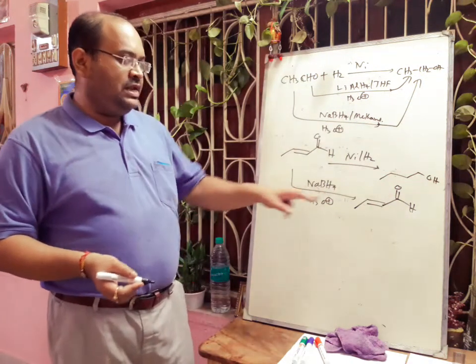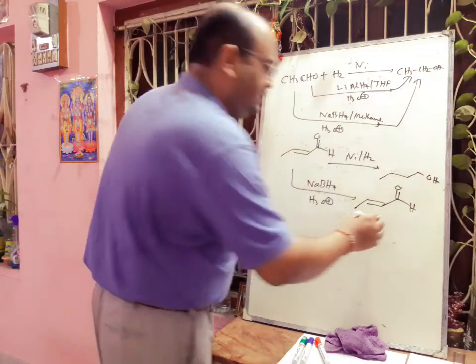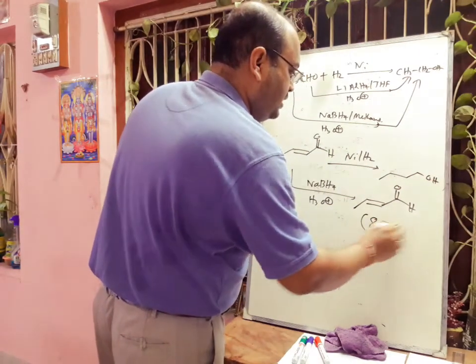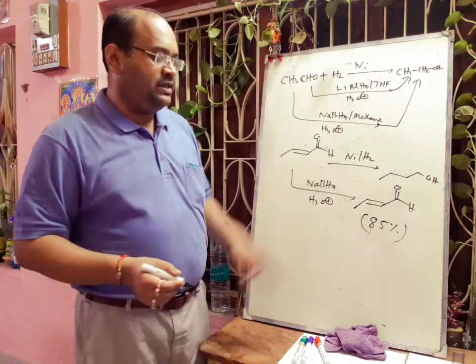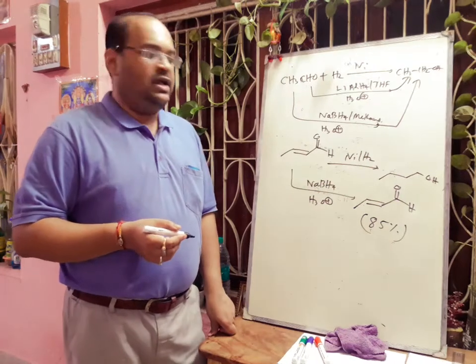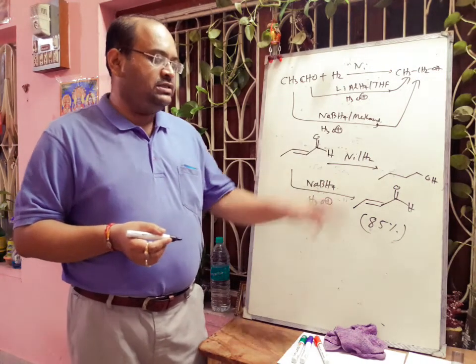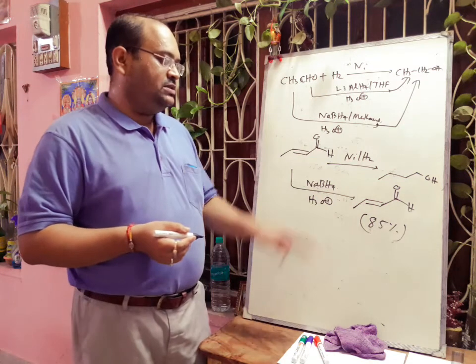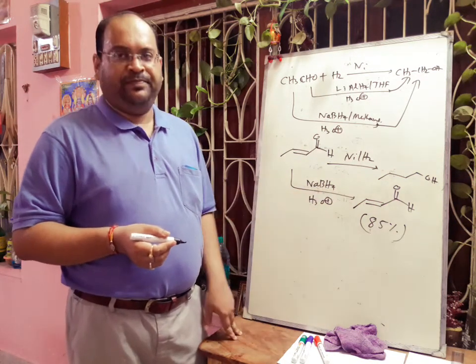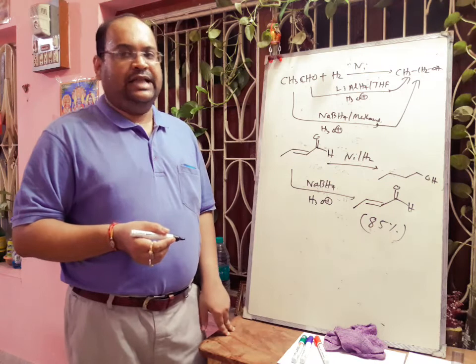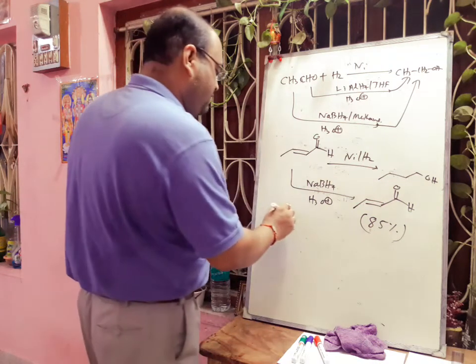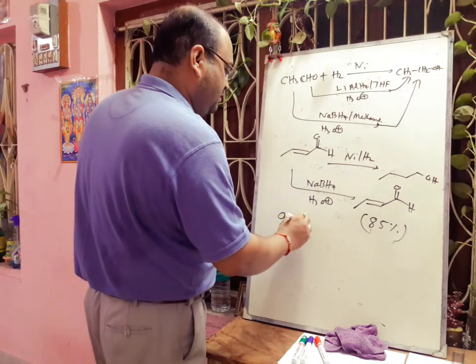So it is mainly producing 85% of the product where the alpha beta unsaturated part, that means the double bond, is unaffected. And the very important reagent, if we want only this type of product, where the double bond is unaffected and will not react, is 9-BBN.